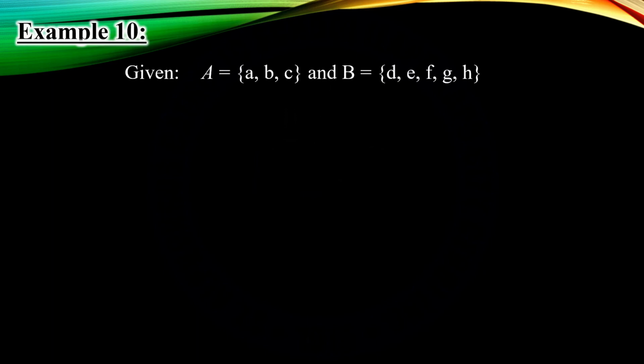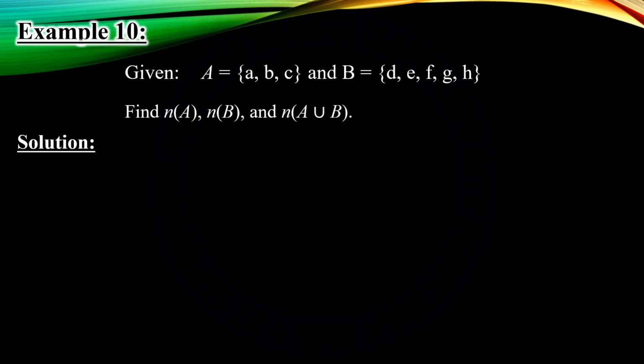For example number 10, the given set A contains a, b, and c, and set B contains d, e, f, g, h. We are asked to find the cardinality of A, the cardinality of B, and the cardinality of set A union set B. So here is the solution.